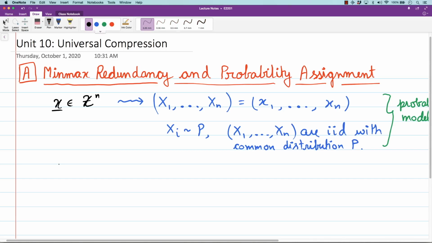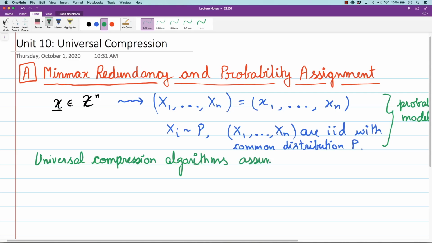So we will assume that this data was generated from an IID distribution, but the distribution P is not known. Such compression algorithms, which do not assume the knowledge of P, are called universal compression algorithms, and they assume the generating distribution is unknown.